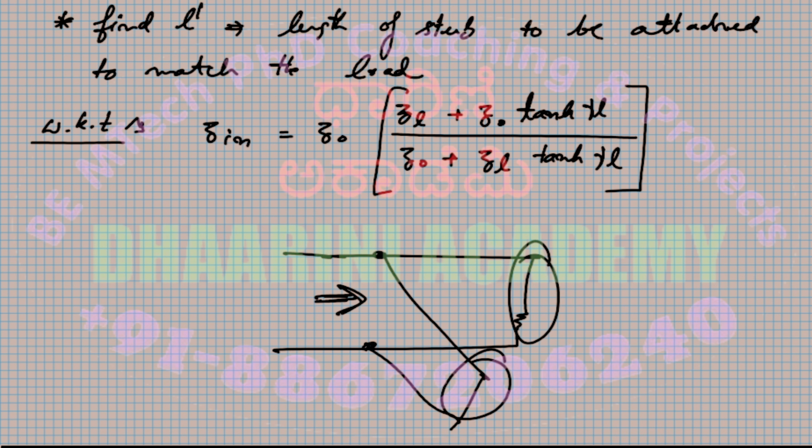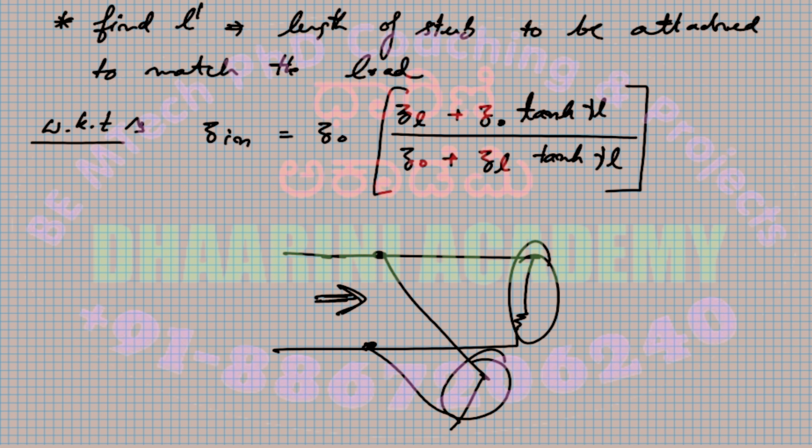Whenever you connect two resistances in parallel, the equivalent resistance cannot be calculated simply by adding; you need to do R1 R2 by R1 plus R2. Compared to simple addition, this is a complex calculation. Yes, we have calculators, but this process is slightly difficult.